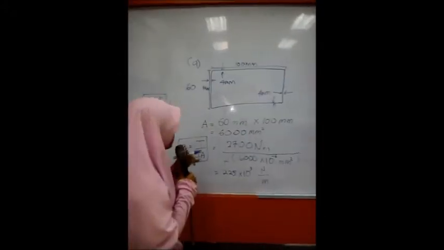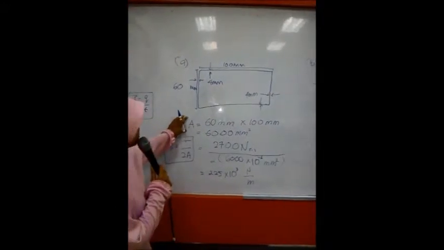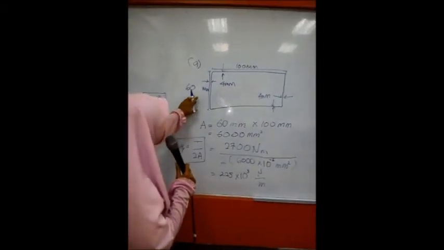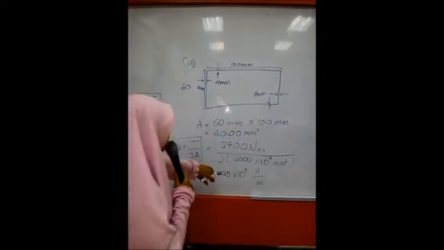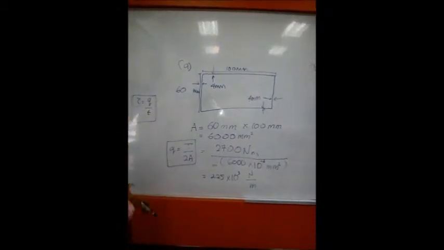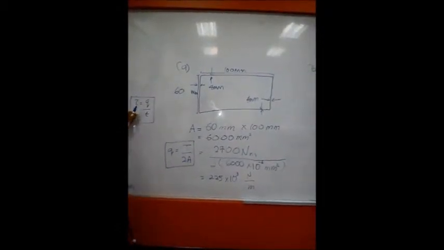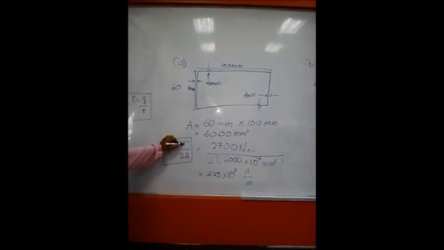And then we solve for question A. First, we find the area: 60 mm times 100 mm. So we get 6000 mm squared. To find shear, we must find Q. So we find Q equal to total torque over 2A.